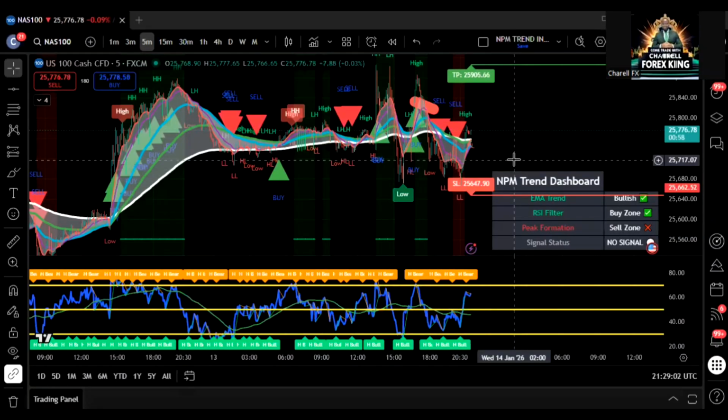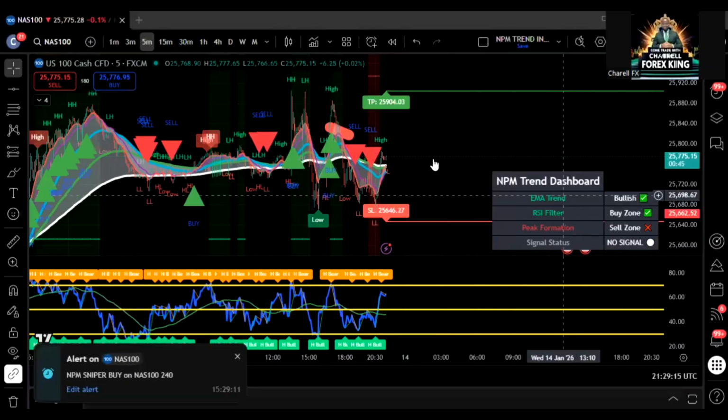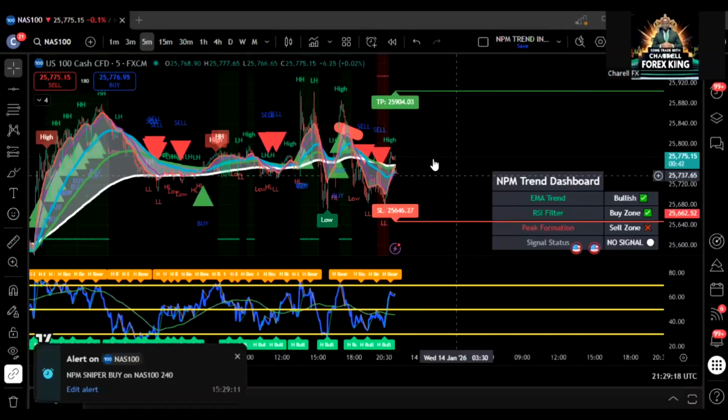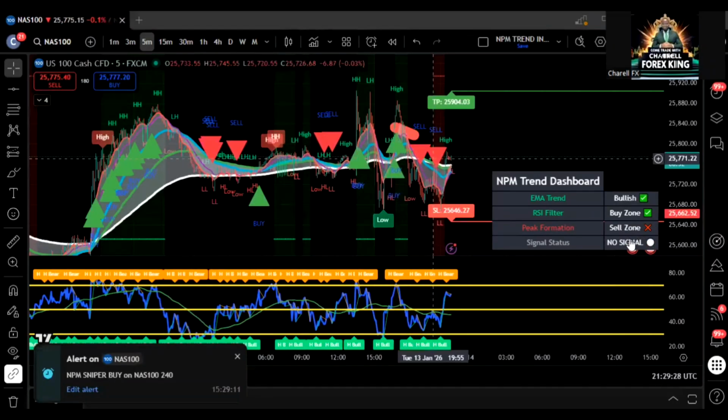You also need NPM Trend Dashboard, as I stated. Why? Because it's going to give you arrows. So it's going to give you an up arrow telling you to buy. It'll give you a sell arrow. You see these arrows telling you to sell. It also sends alerts over here.